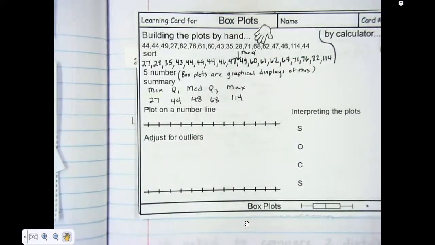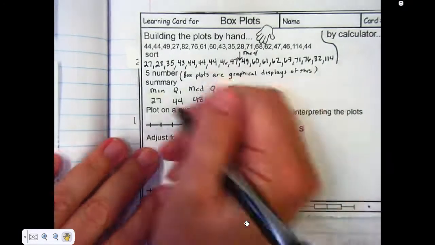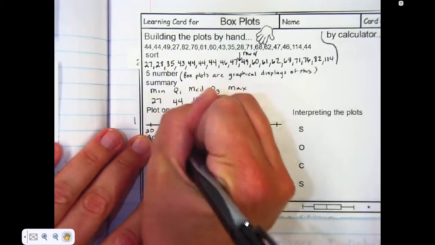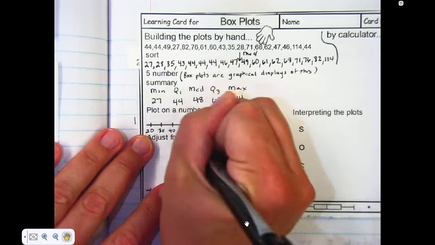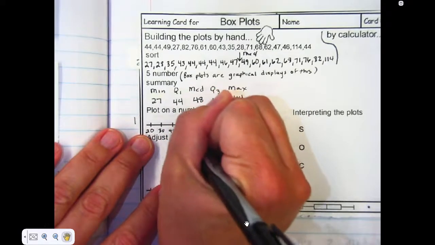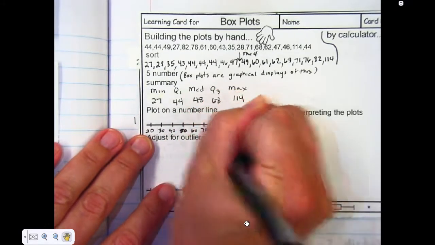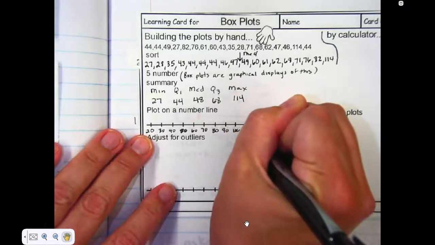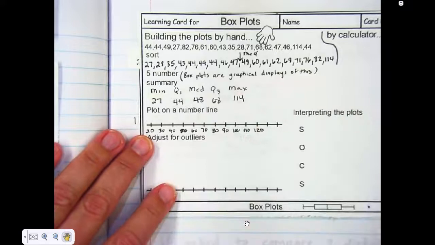So this is the basics of my box plot. All I need to do now is make a number line and plot these values. I'm going to scale by 10s. I'll start at 20 and put these along the bottom: 50, 60, 70, 80, 90, 100, 110, 120.